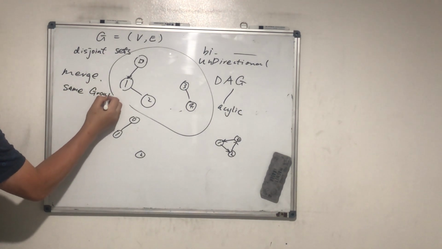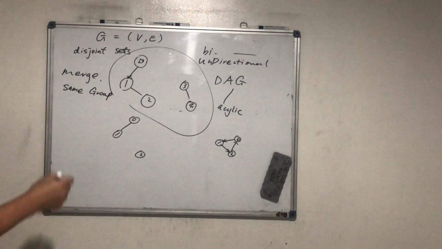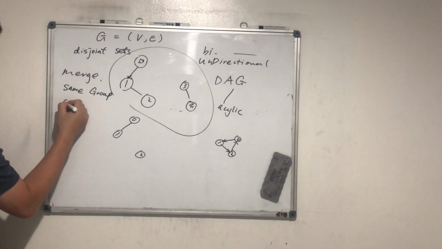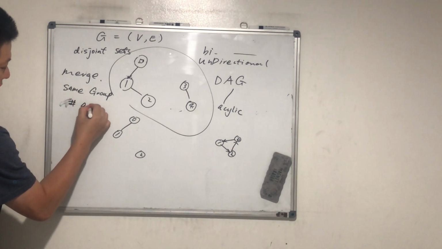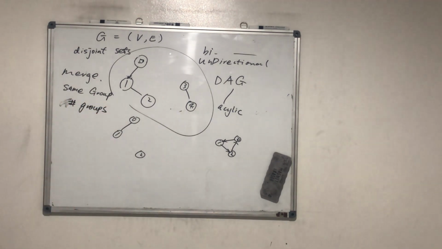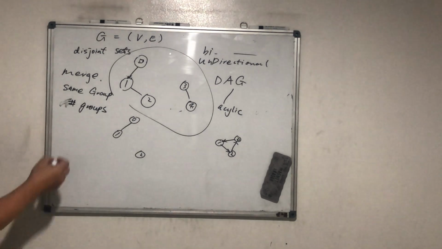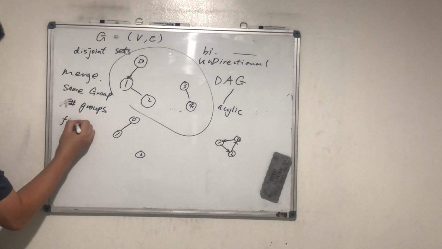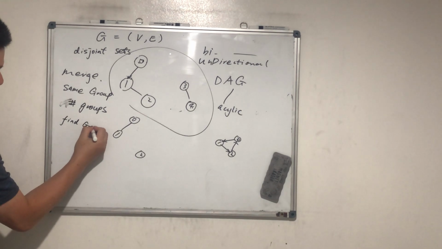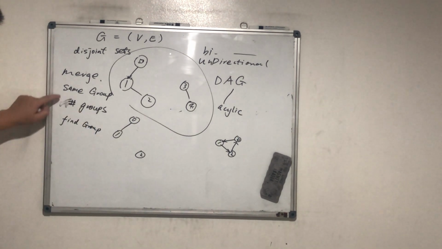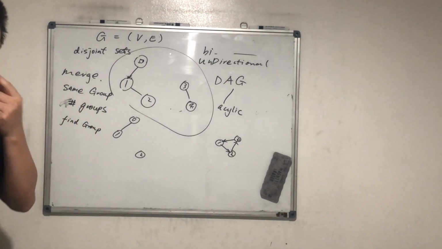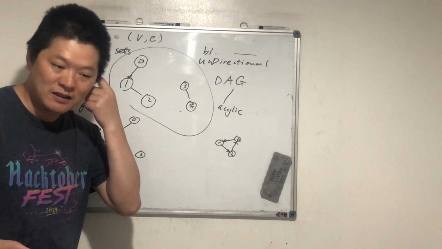We can check the group count, the number of groups. And what else? We can find the parent, find which group a vertex belongs to. So can we use these 4 operations to solve this problem? Any idea? What are your thoughts?